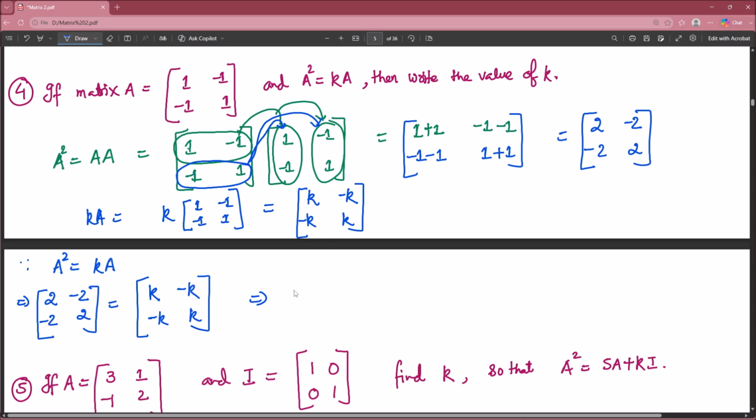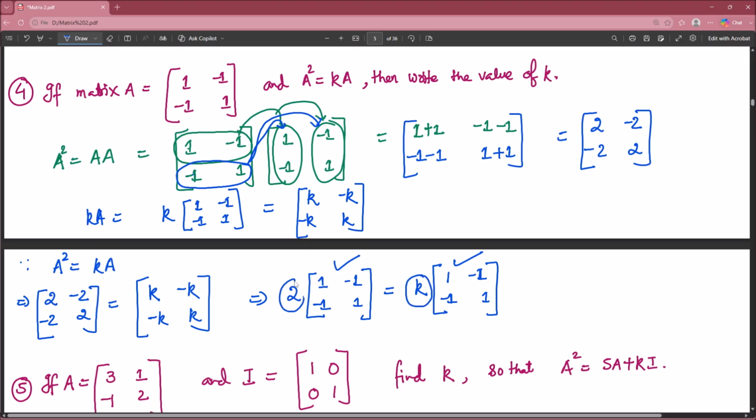So if we take 2 common from the LHS of this matrix, we get 1, minus 1, minus 1, and 1, and we take k common from the right hand side, 1, minus 1, minus 1 and 1. If we compare the left hand side and right hand side, this matrix is equal to this matrix as all the elements are same, so the value of k will be 2.